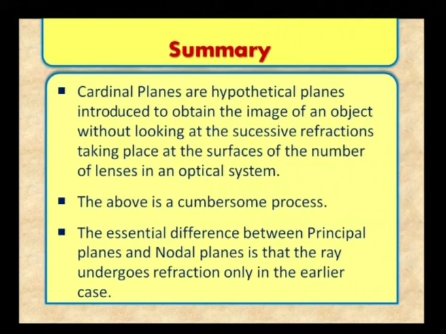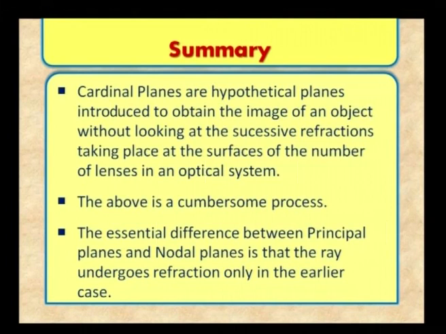An optical system contains a series of lenses. The above is a cumbersome process. By this, what I mean is the refraction taking place at each surface of a lens, the series of refractions that we studied, that is a cumbersome process. That can be done away with the idea of nodal planes and nodal points, the principal planes, and especially the cardinal point idea can be made use of to simplify the problem.